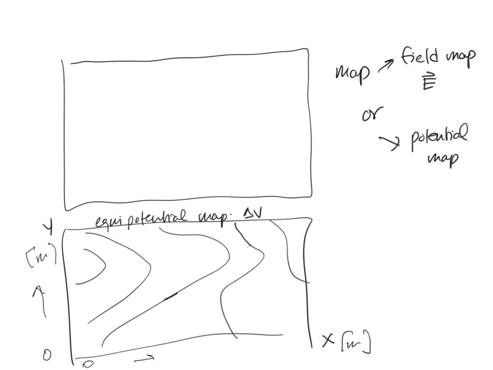The change in potential between lines might be 20 volts, so if this is 5 volts, the next would be 25, whatever.